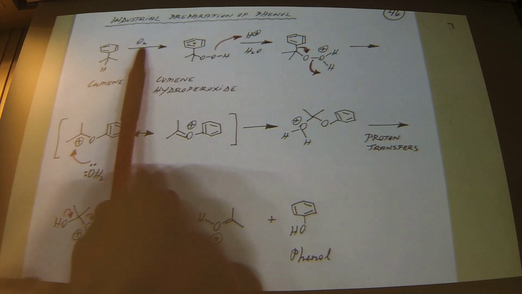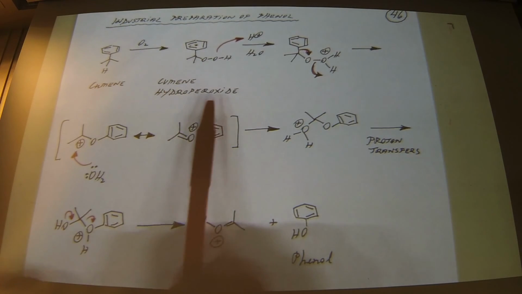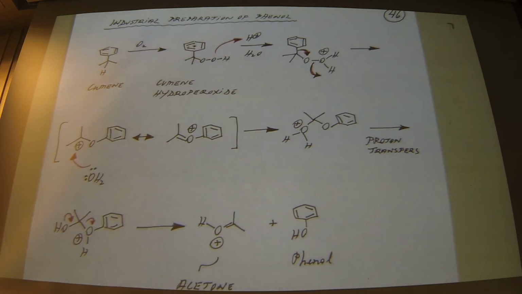And this reaction is usually catalyzed. You can get this cumene hydroperoxide, which is a fairly stable peroxide. You can actually buy this stuff, okay? So how does that reaction take place?